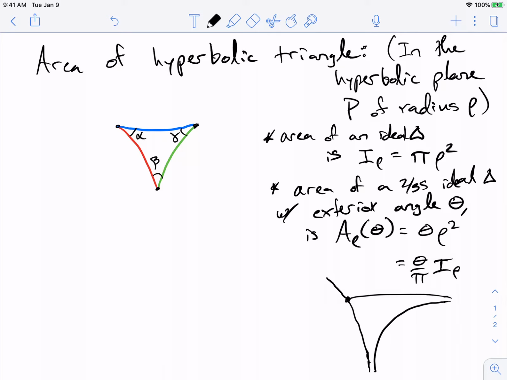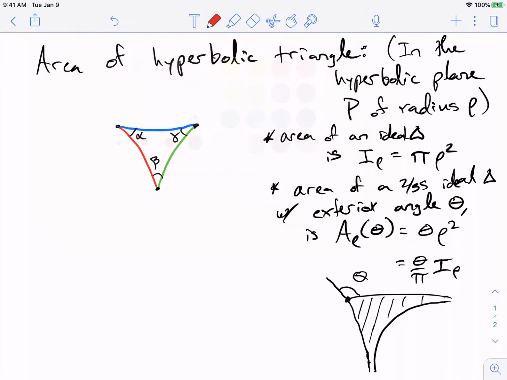For this formula to be true, it's important that you realize that the theta we're talking about is not the interior angle at the vertex, but the exterior angle. So that's theta in this picture. And this is the 2/3 ideal triangle whose area we calculate.